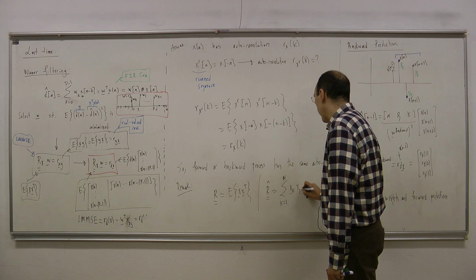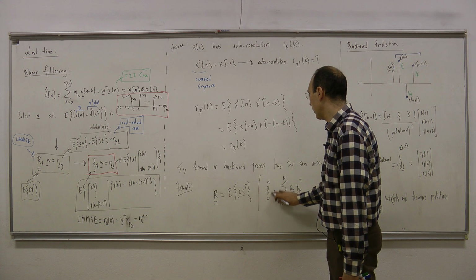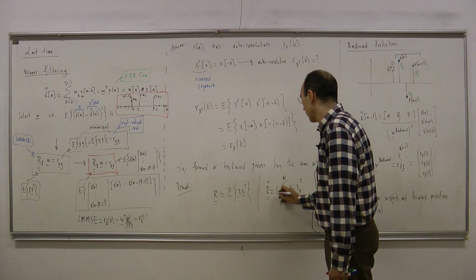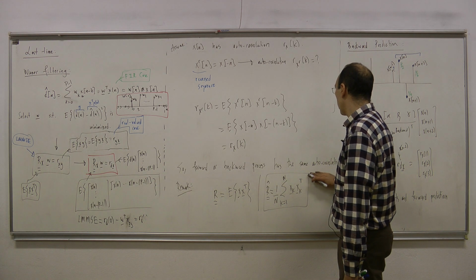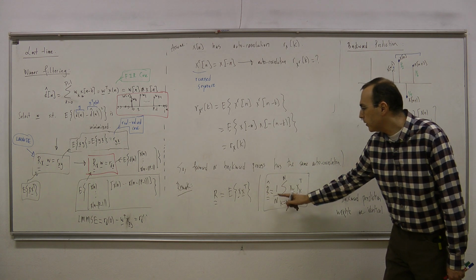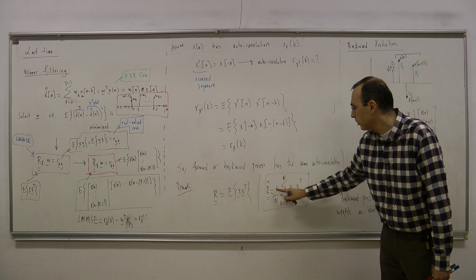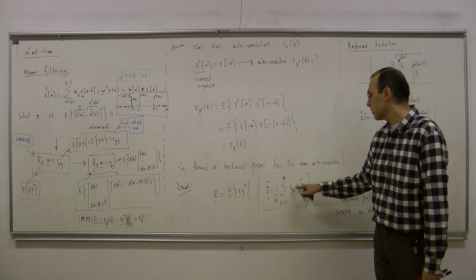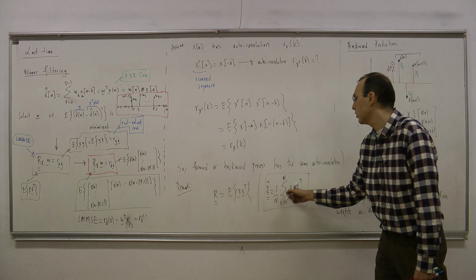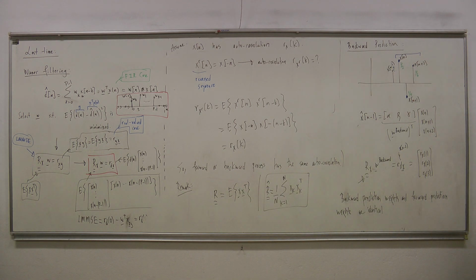So I have some observation vectors, something like this. Average of this. So clearly, if you take the expected value of this estimate, then expectation goes in, then this becomes the R matrix. So this is the unbiased estimate of R. Okay. Now here's the issue.